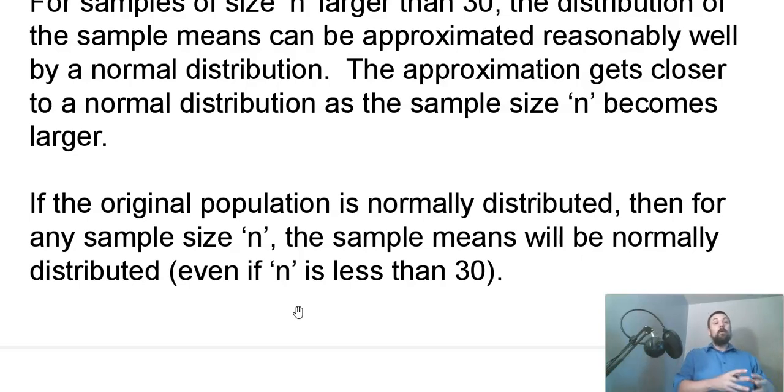If you don't know the distribution of your original data set, then your sample size needs to be 30 or more in order for the central limit theorem to apply, and in order for us to approximate the distribution of the sample means with a normal distribution. Okay, so that's the rule of thumb.